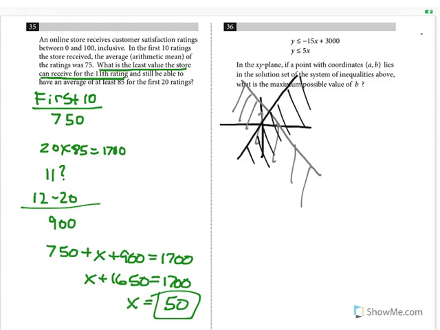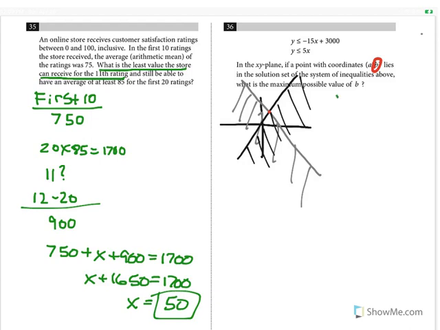That means their point of intersection is going to give us the maximum possible value of b, because b is our y coordinate. So their point of intersection is going to give us our maximum value of b, which means we're going to set those two inequalities equal to each other.